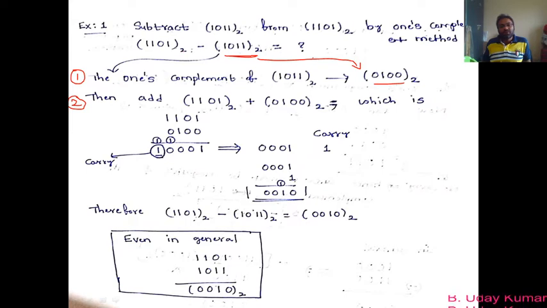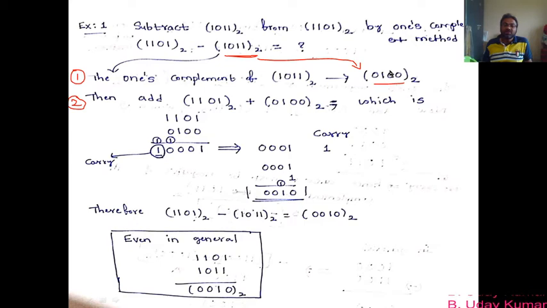So actually you are subtracting 1011 from 1101, right? By using the simple rules also you can do it, but we are doing it by the 1's complement method, so that you try to understand. In the first step we have written the 1's complement of 1011, which we got as 0100.